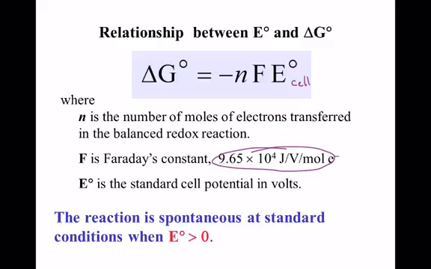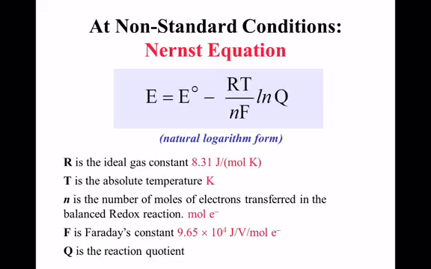Okay. Sweet. So switching to non-standard conditions, it's a famous equation called the Nernst equation. I have some versions of the Nernst equation coming up on the next few slides. I was a little bit at a loss as to how we go from the natural log, ln, to the log base 10, and the constant changes.